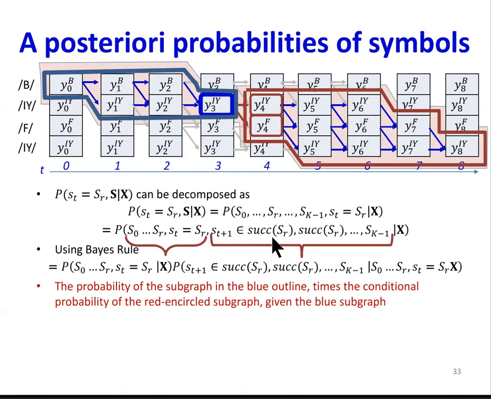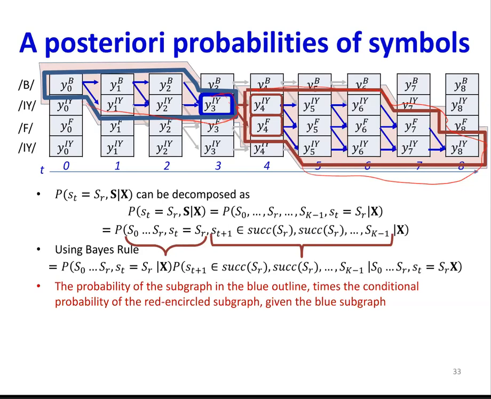It's the portion of the graph leading from the beginning to this point, and the portion of the graph that goes out of this point to the end, but not including this node itself. Does everybody see how this graph has two distinct portions? Now, if I compute the probability of this graph and the probability of that graph, and I multiply the two, then I should get the probability of the entire pink graph, correct?